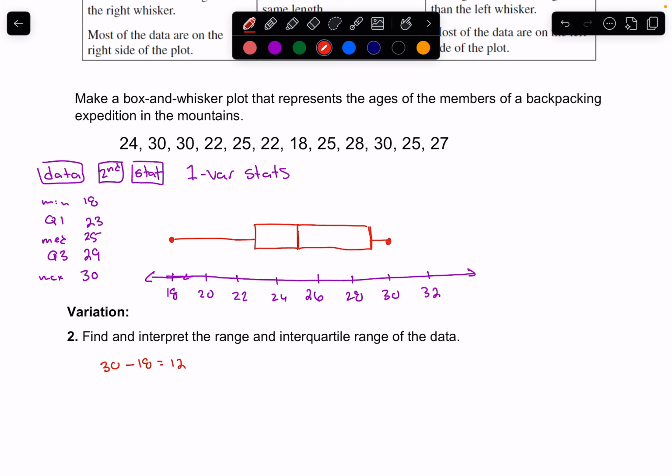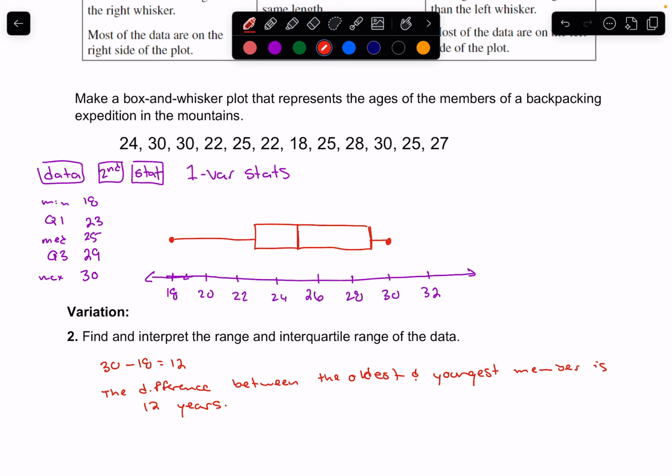So I would say that the difference between the oldest and the youngest person is 12 years. The difference between the oldest and youngest member is 12 years.